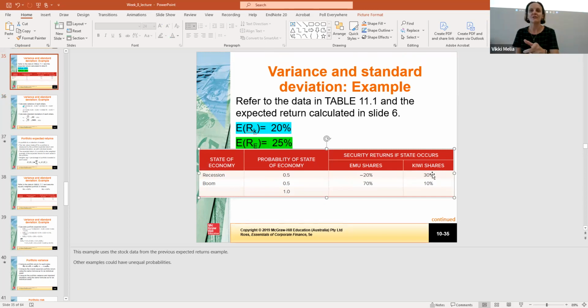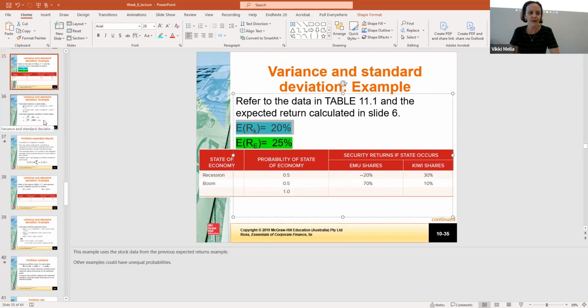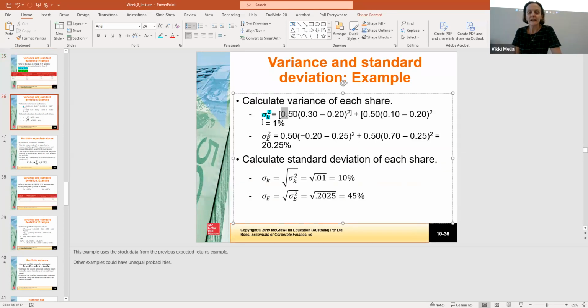The total expected return from Kiwi is 20%. But in this state of recession, the expected return in that state is 30%, and there's a 50% probability of that state occurring. So probability multiplied by the expected return in that state minus the total expected return for Kiwi.